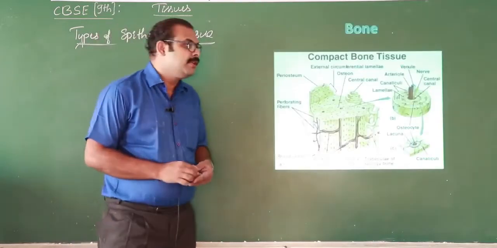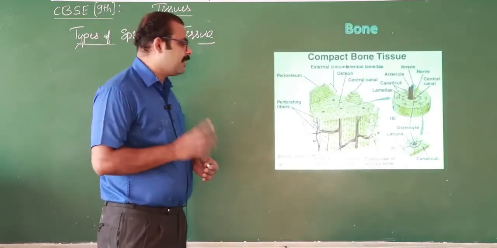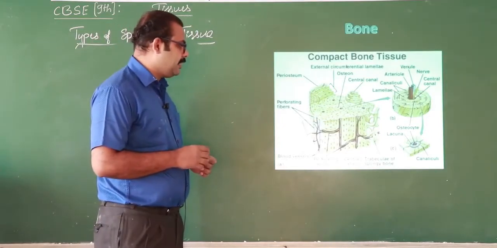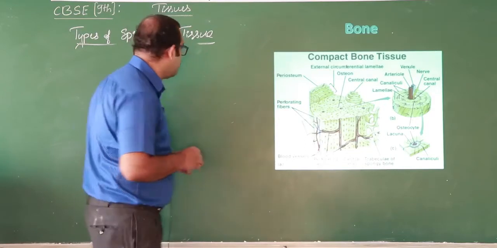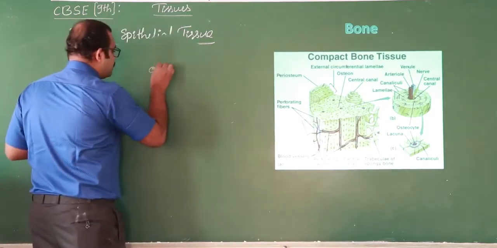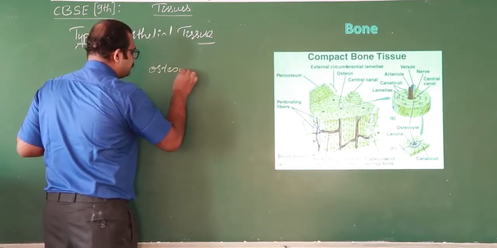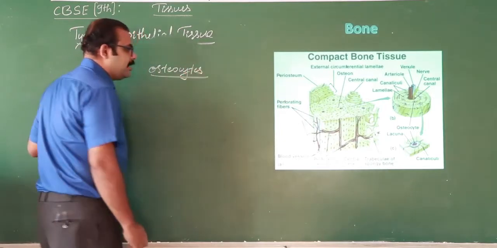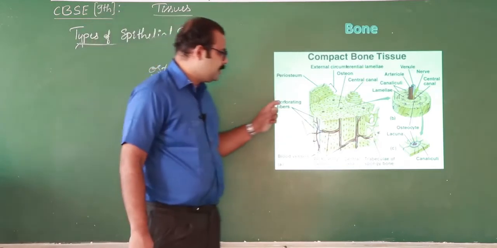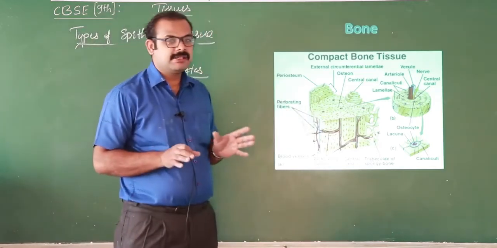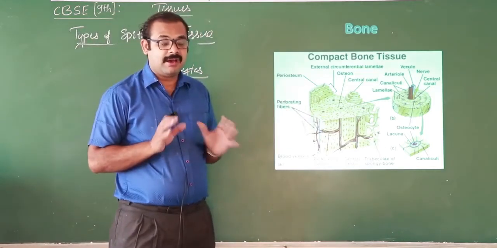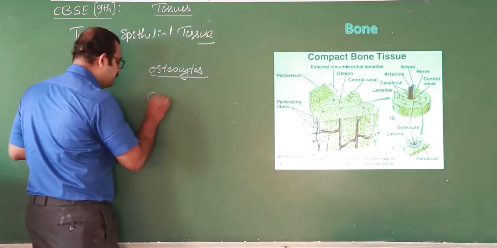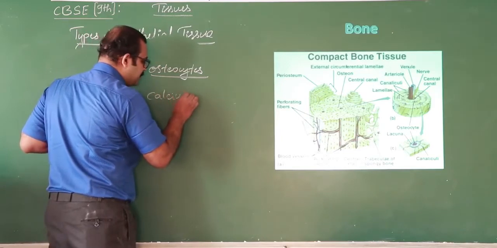Next one, bone. We know that bones are very hard in nature, and they contain bone cells called osteocytes. The matrix is very hard because of the presence of calcium and phosphorus.